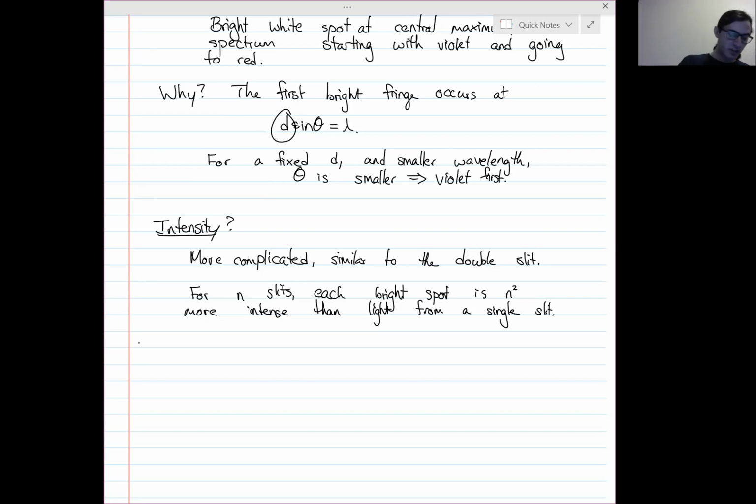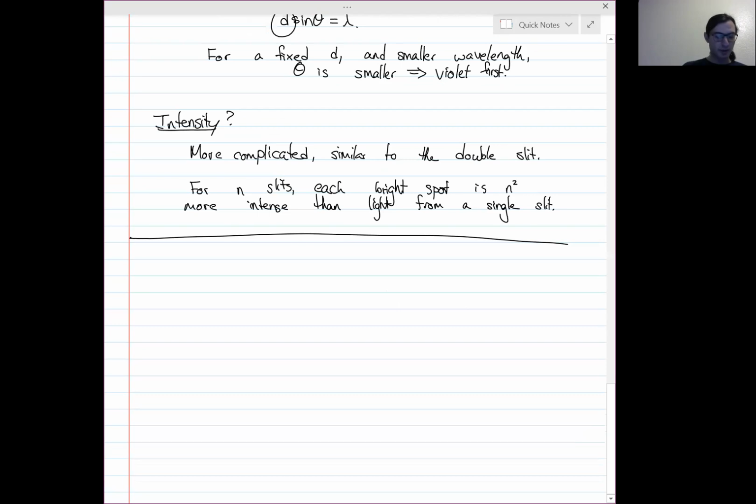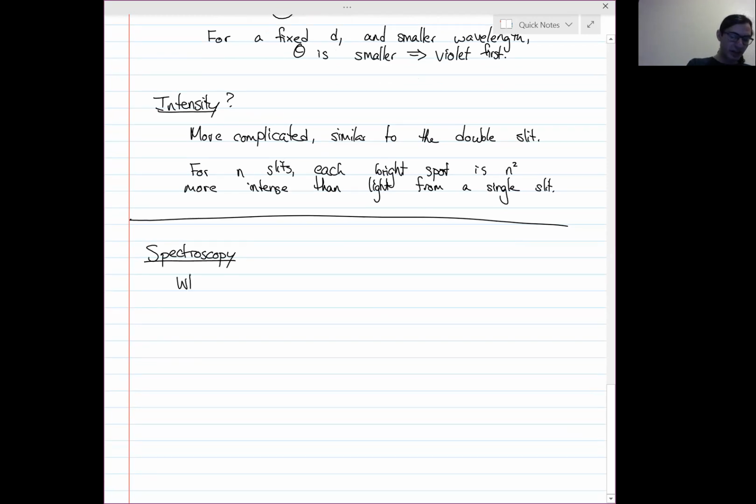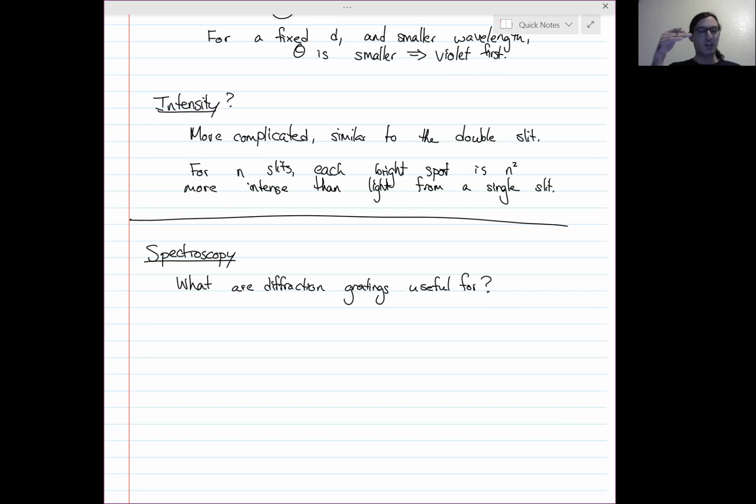So I've shown you this thing, but now we can actually talk about why we care. So it turns out there's this method of determining what stuff is called spectroscopy. And spectroscopy is going to be the answer to the question, what are diffraction gratings good for? So you may or may not know this, but atoms and molecules only emit light at particular frequencies.